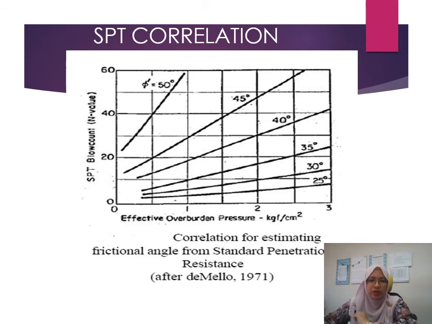For example, let's say your SPT is 35 and your overburden pressure is 1.5, so you can check what the angle of friction is. It is somewhere here. Either you can use the table or this graph to determine the angle of friction.